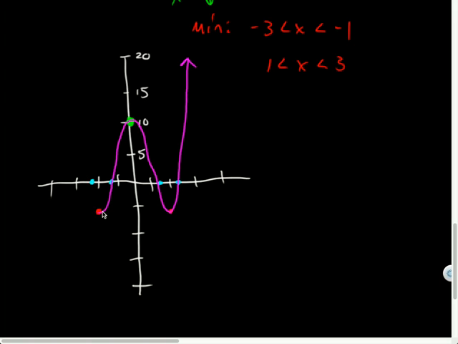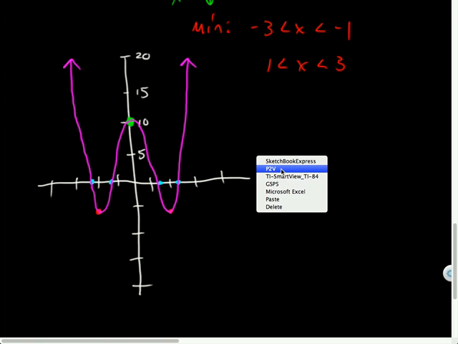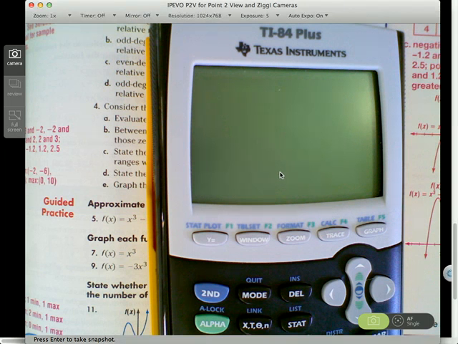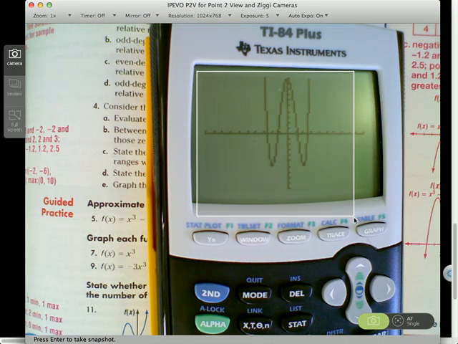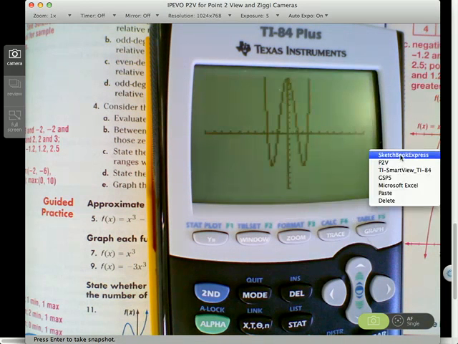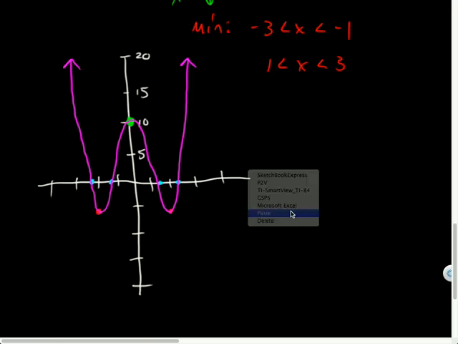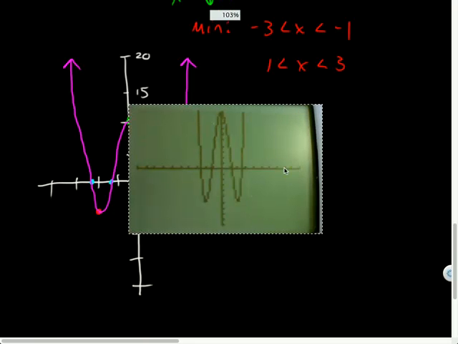And, oh, I missed that x-intercept. All right, and if I check the old graphing calculator, that is pretty much what I got, right? So I just want to point out, you can pull all of this information together eventually to get a graph.